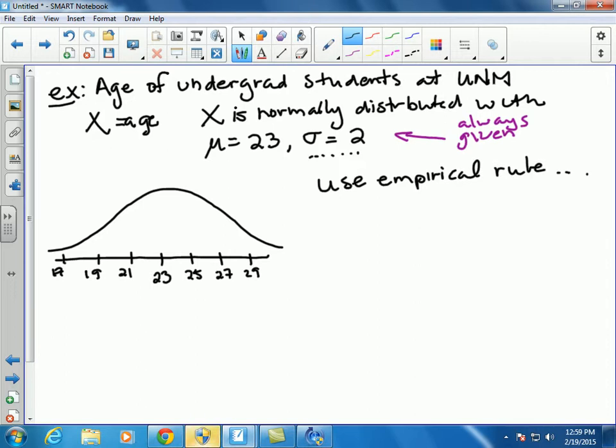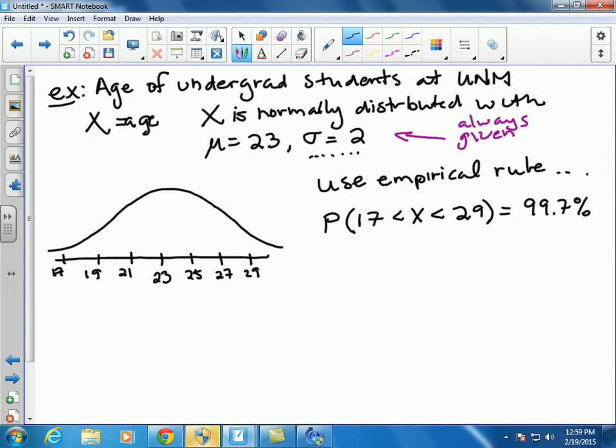I can say that the probability of a student being between 17 and 29 is 99.7%. And you can think about it. Think about UNM and look at the undergraduates. Do their age ranges really go between 17 and 29?